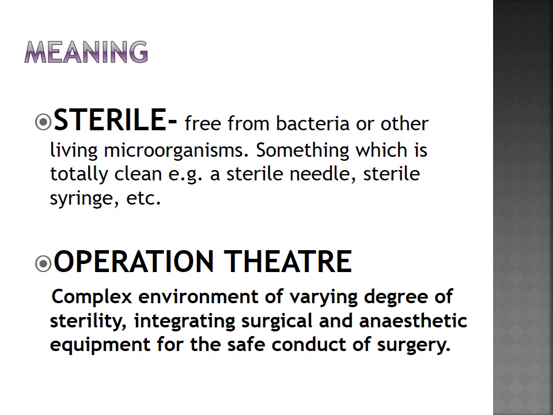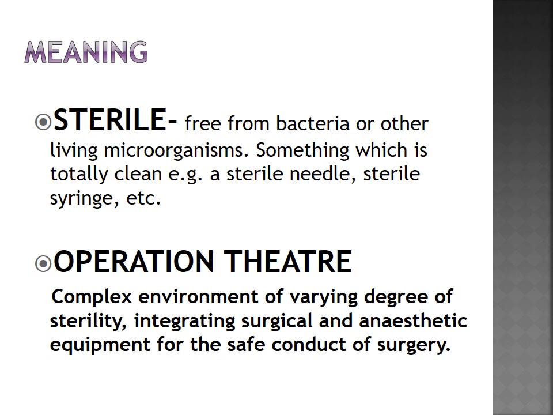And sterile here means free from bacteria or other living organisms. For example, what we call a sterile needle or a sterile syringe, sterile tray, sterile scissors, and any other equipment that is used in the operation theater. Now, what is an operation theater? It's a complex environment of varying degree of sterility, integrating surgical and anesthetic equipment for the safe conduct of surgery.